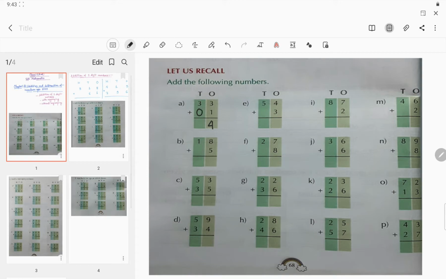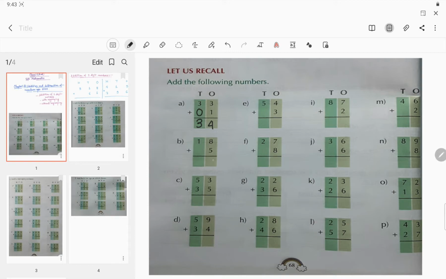That means you are adding 0 to 3. When you are adding a number with 0 you will get the number itself. So 34 is the answer, that is the sum of this addition.